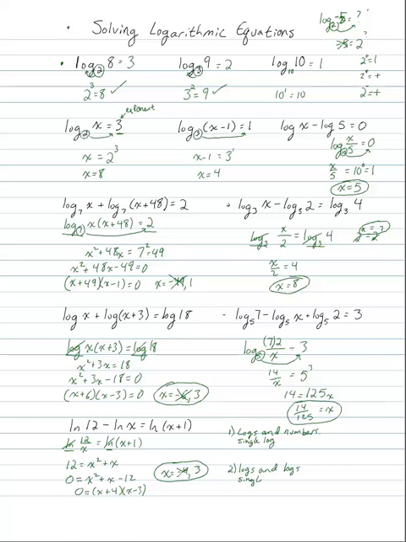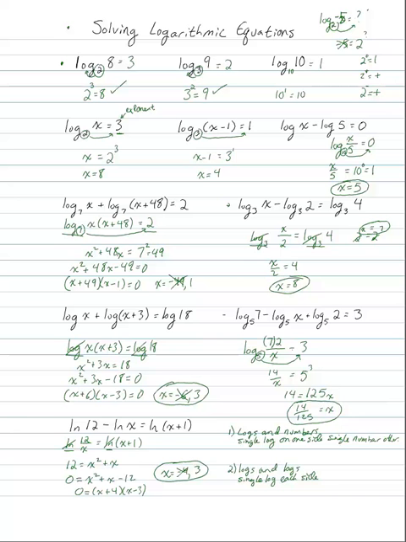On log equals log, we got a single log on each side. Turns out we only really need to ever get a single log on one side, but it's a single log on each side here. With logs and numbers, we got a single log on one side, and a single number on the other.